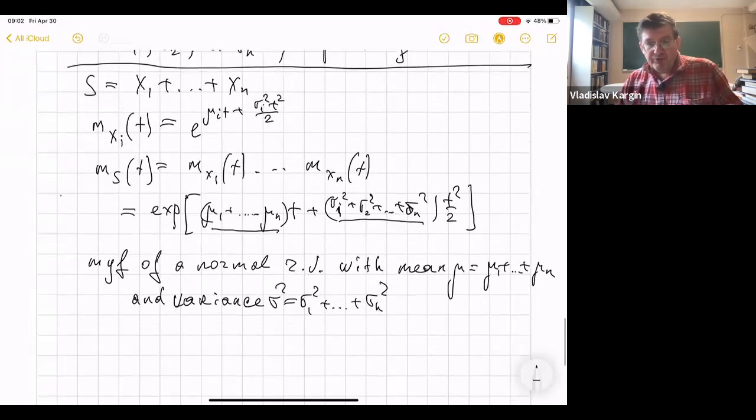The important fact is not the mean or the variance, but that it's normal.